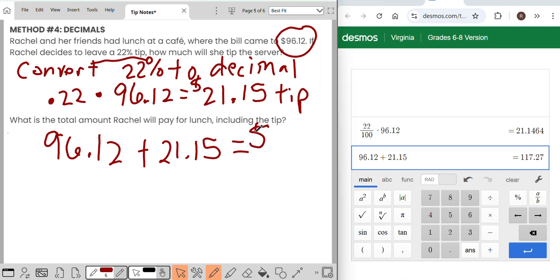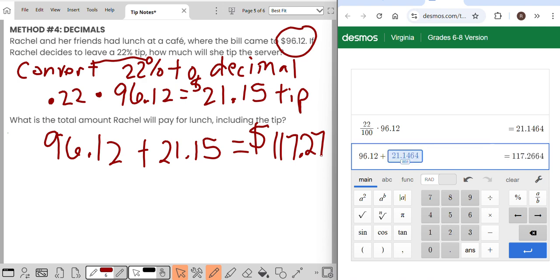So that means the total is 117.27. Just so I can show you, I'm going to backspace through the amount and type ANS, and it gives you the exact same thing, because the 6 rounds up that next 6 to a 7. So just remember, you have 2 options there. You can type ANS or just use the button at the bottom.